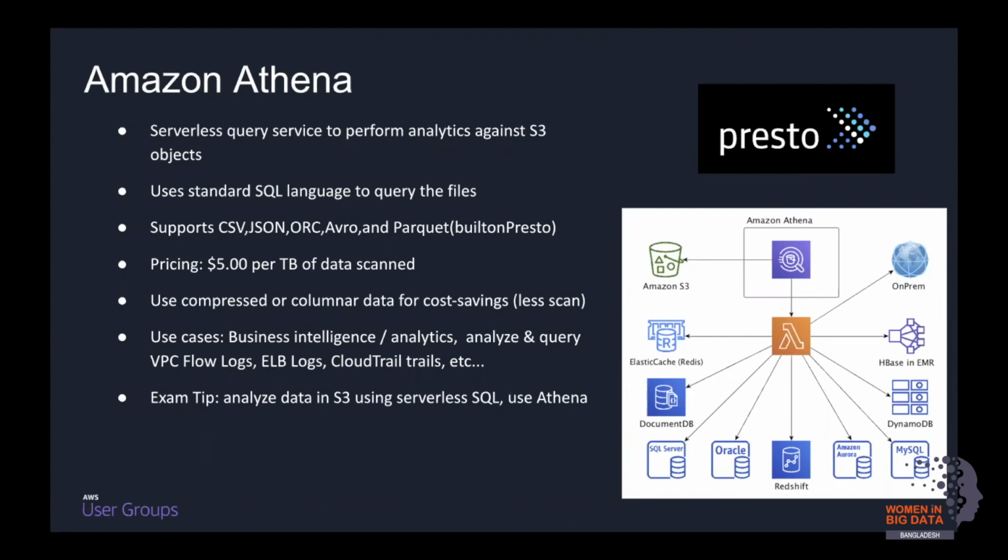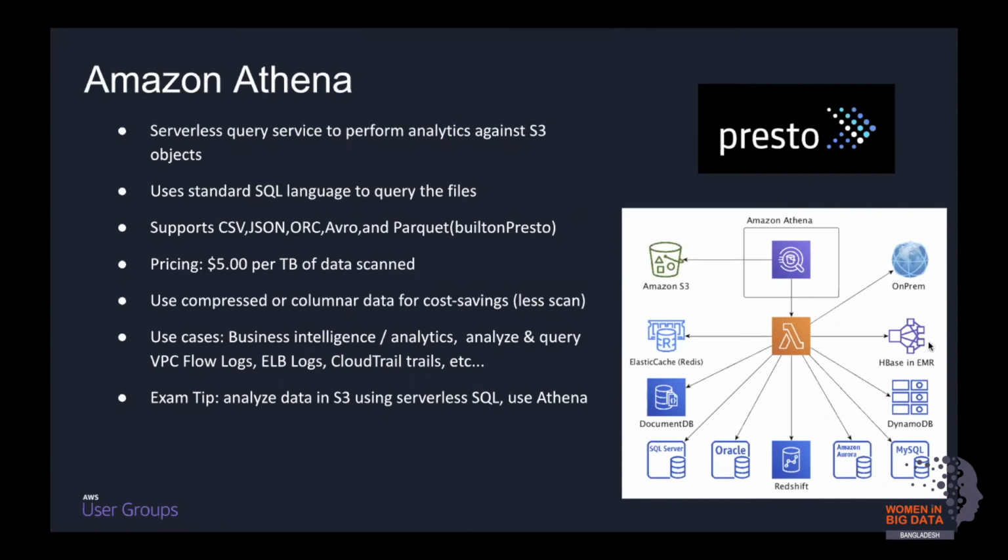Athena, as we have learned, is a quick recap. It works on Presto, while we saw Redshift works on Postgres. With Athena, you can not only query the data sitting on your S3 with SQL-like queries, you can also query different other databases, including Redshift, with the help of Lambda. This is all called federated queries. And it's completely managed and serverless in fashion.